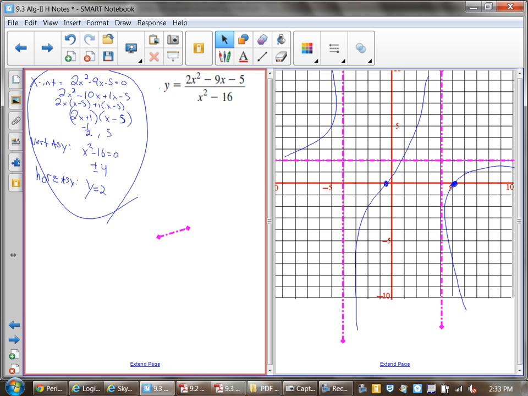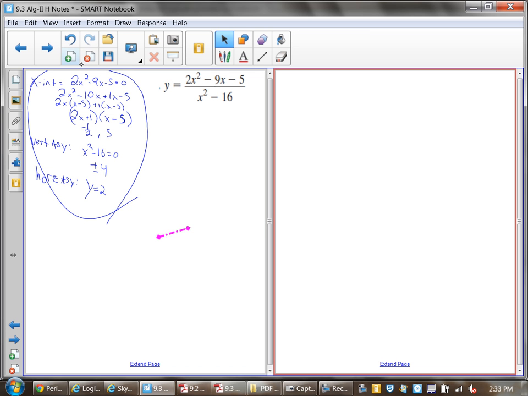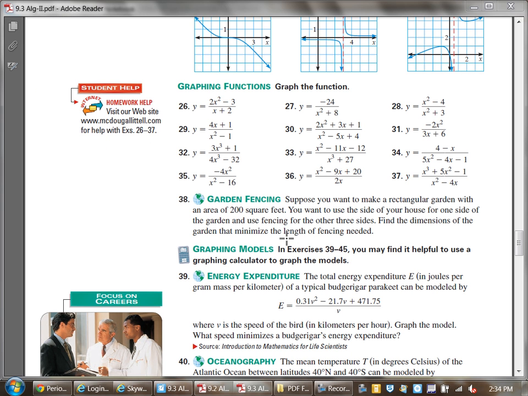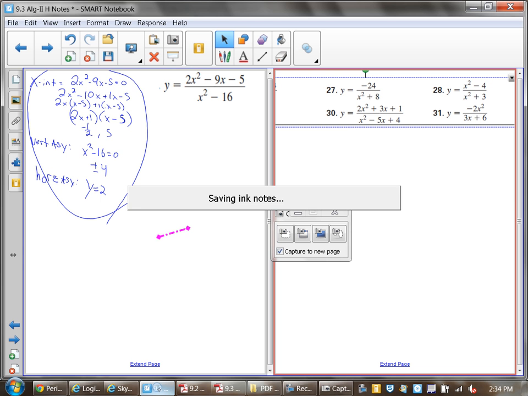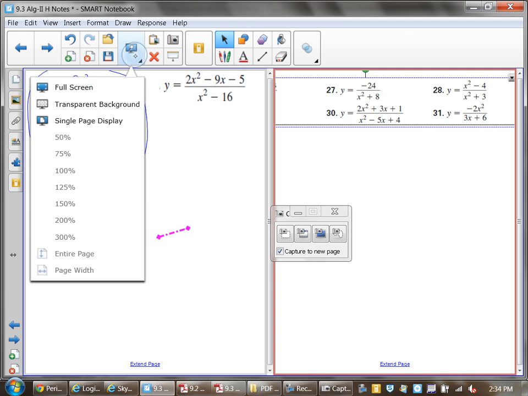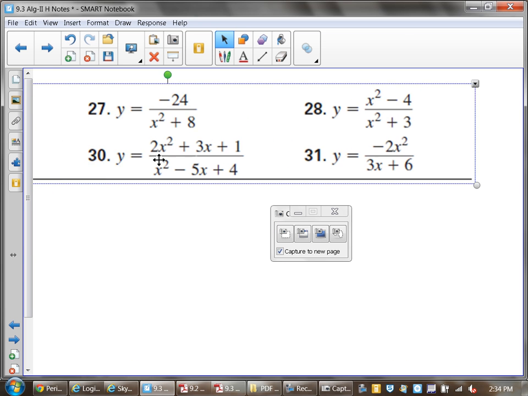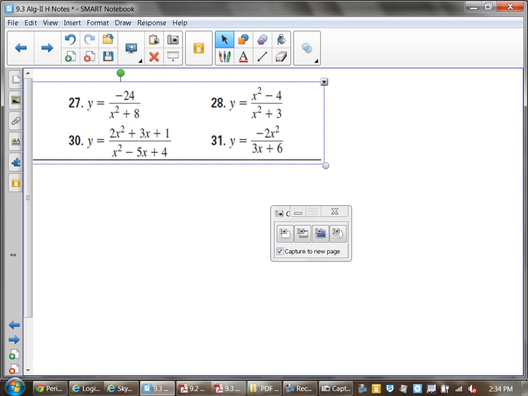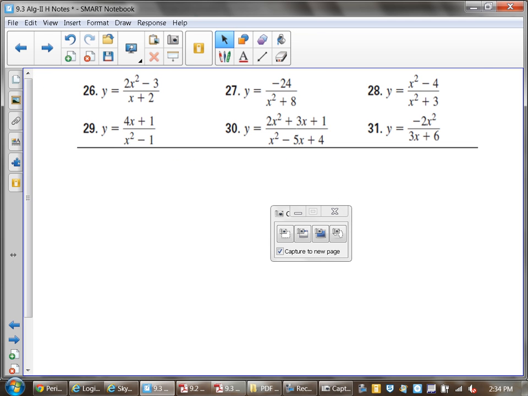Let me give you guys 6 of these to try for tonight. It's 6 of these, on page 551. It's these 3, or 6.